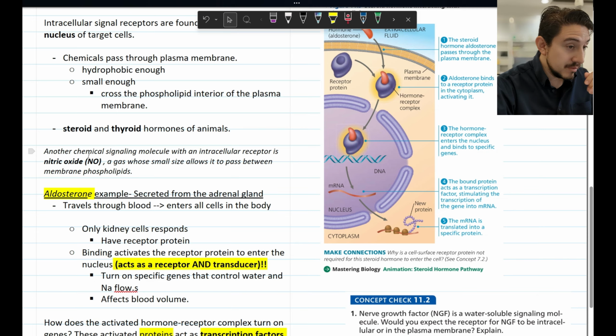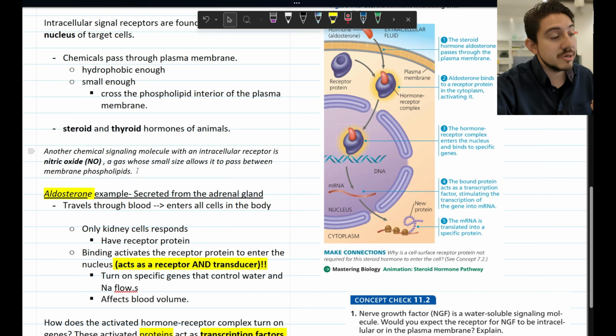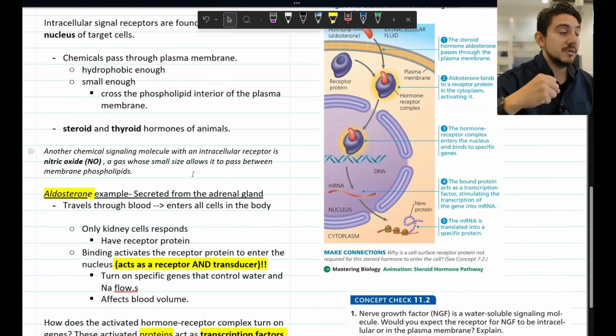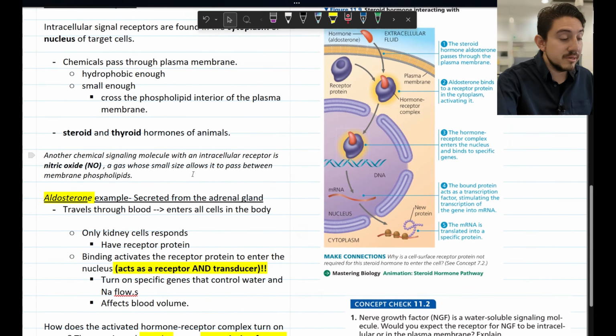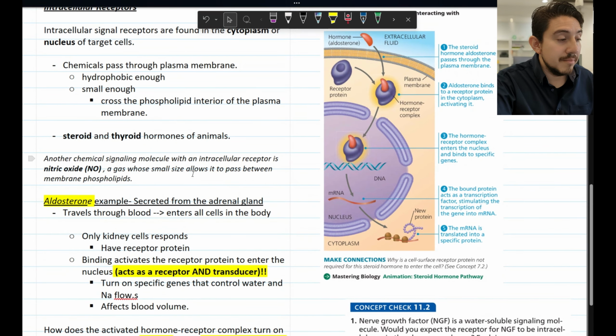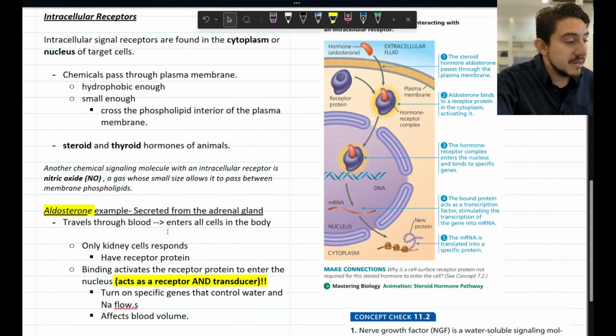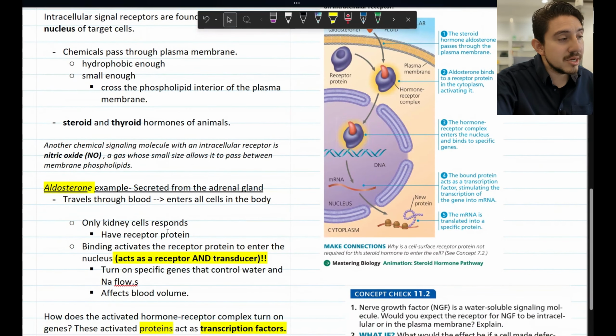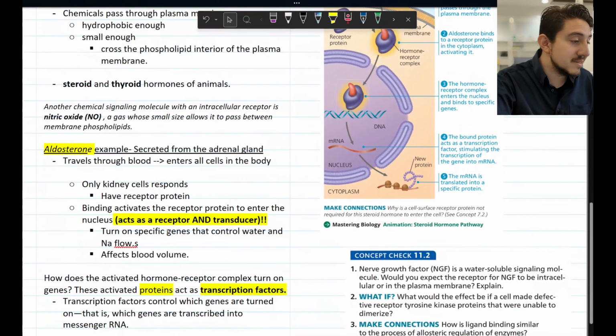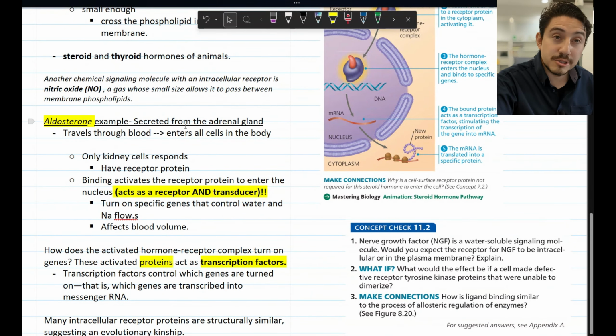Even some signaling molecules could be nitric oxide, a gas whose small size allows it to pass between membrane phospholipids, which can actually have some implications with signaling. An example of this type of intracellular receptor is aldosterone.